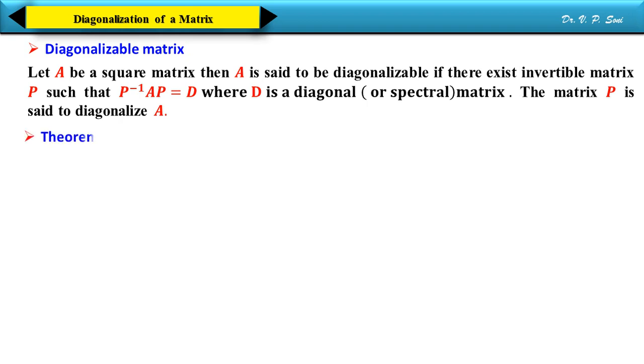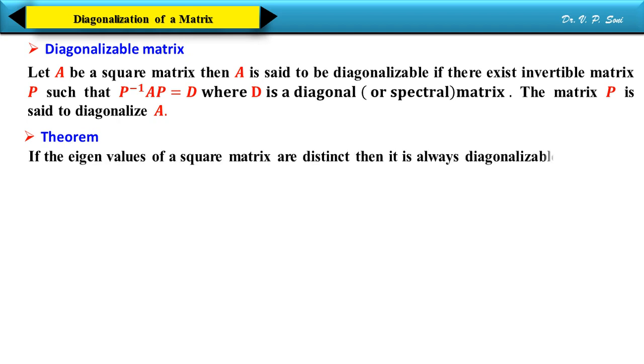Theorem: if eigenvalues of a square matrix are distinct, then it is always diagonalizable. Now algebraic multiplicity and geometric multiplicity.